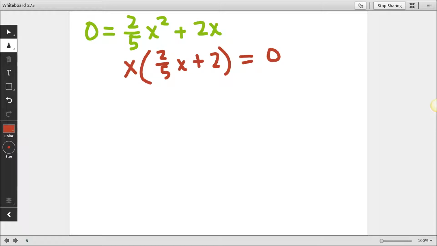Set each one of those equal to 0. So I know x equals 0 is one answer for x. I have to solve this other one for x as well. So I'm going to subtract 2 from each side.